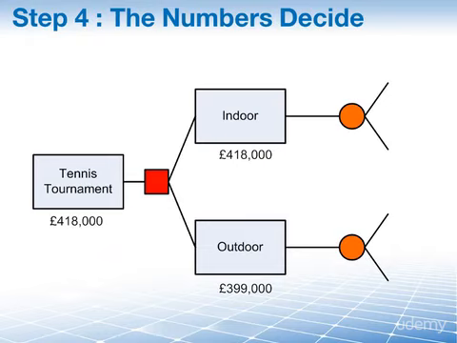And of course, we can now let the numbers speak for themselves, and anyone can see that 418,000 at the top, the indoor tournament, is the bigger number. Therefore, our better option, and this is the number we move over below the tennis tournament, is the 418,000. That is our best option in regards to the tennis tournament.